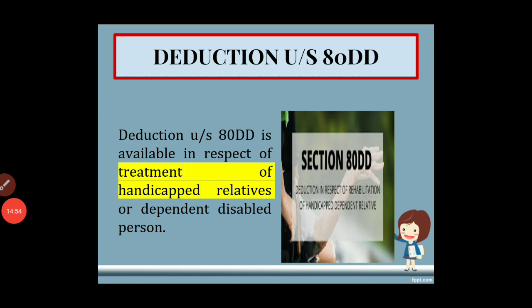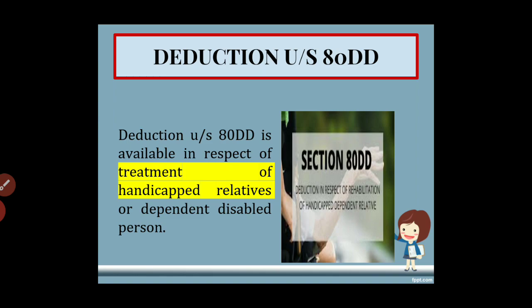First, what is this deduction for, right? This deduction under section 80DD is available in respect of a treatment of handicapped relatives or dependent disabled person.